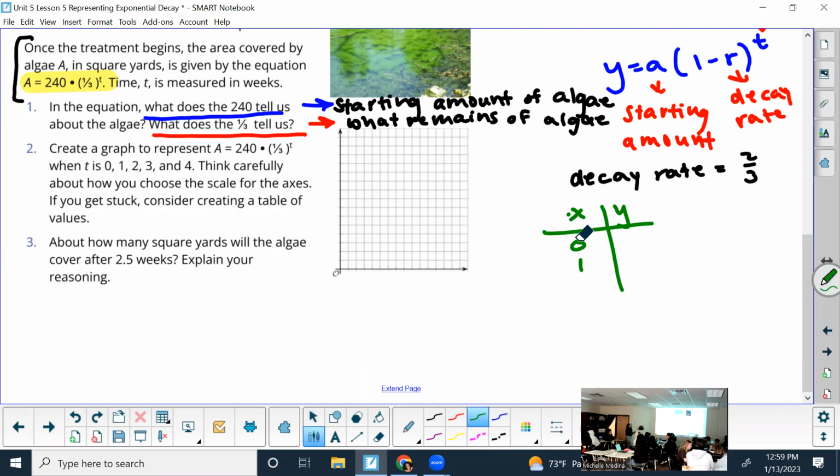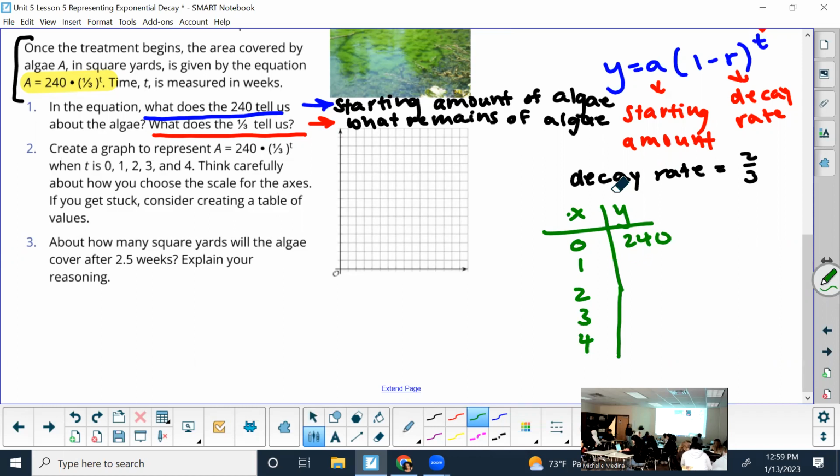Table 5. What is my Y value when X is 0 for this situation? 240. Table 6. What's my Y value when X is 1? Or when T is 1? What's the area?